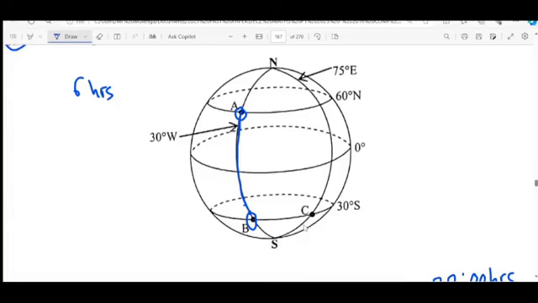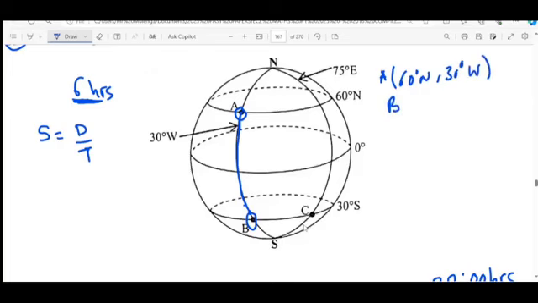So how can we find the speed? In order for us to find the speed, we are going to come up with the formula. Speed is equal to distance over time. Now when we organize our data, you find that time we have, because this plane was flying for 6 hours, but you don't have the distance from point A to B. So first thing, we need to find the distance between point A and point B. Point A is lying on 60 degrees north and 30 degrees west.